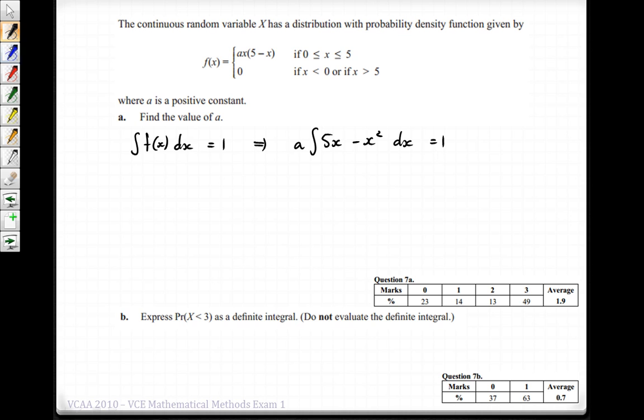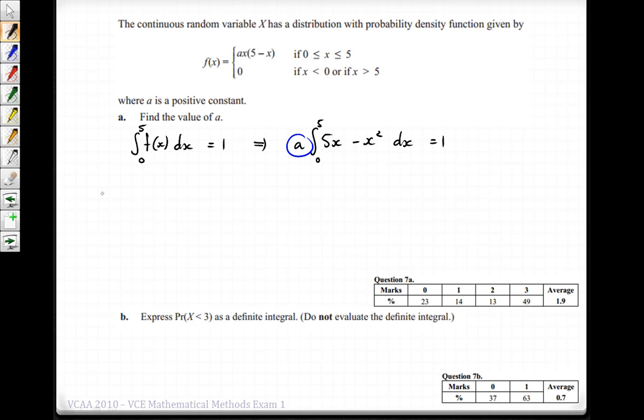Since a is a positive constant, I can take it outside of our integration. And sorry, I should have said that this is only equal to 1 between our terminals, between 0 and 5.